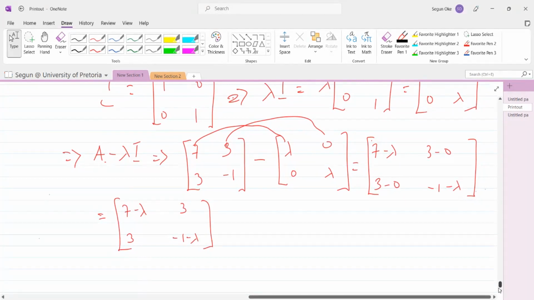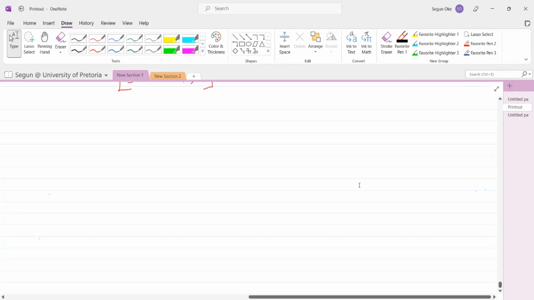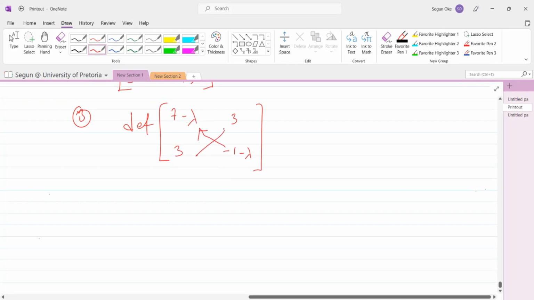Find the determinant of the matrix of the difference. Okay, now number 3 says we should find the determinant of the above: 7 minus lambda, 3, 3, minus 1 minus lambda. It is very simple. We all know the determinant. You multiply this one by this, and you subtract this one times this.